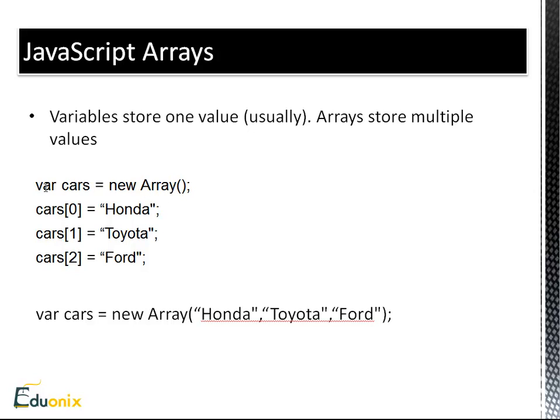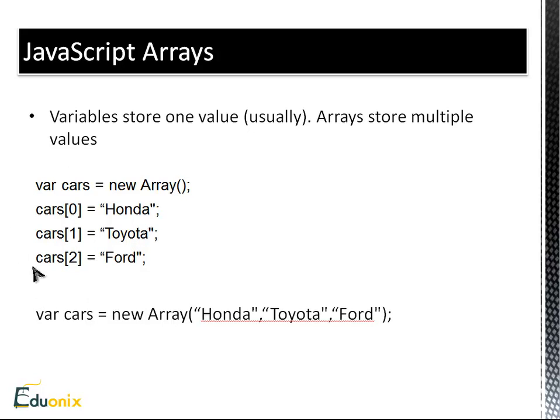Up to this point, this first line, it is an empty array. There's nothing in it, but it is in fact an array. Now below we can actually add values to each pocket in the array. So we can say cars[0] equals Honda. Arrays always start with 0. It's a very important thing to remember.